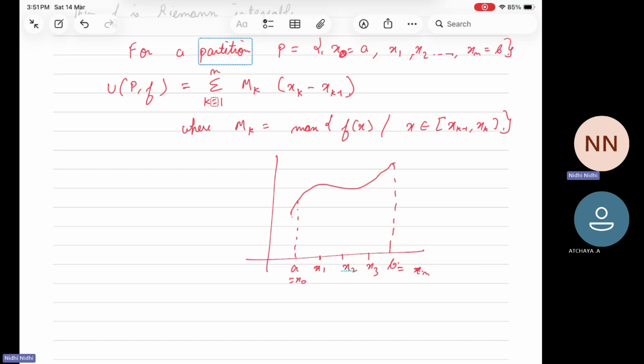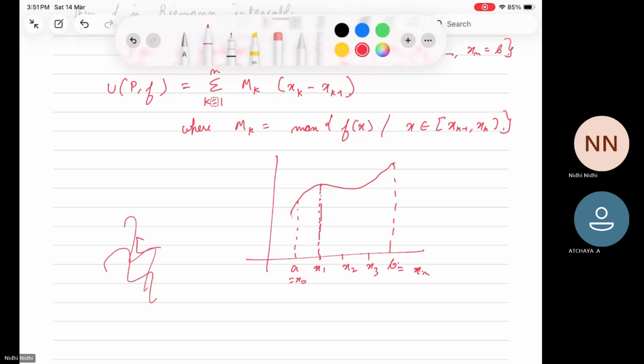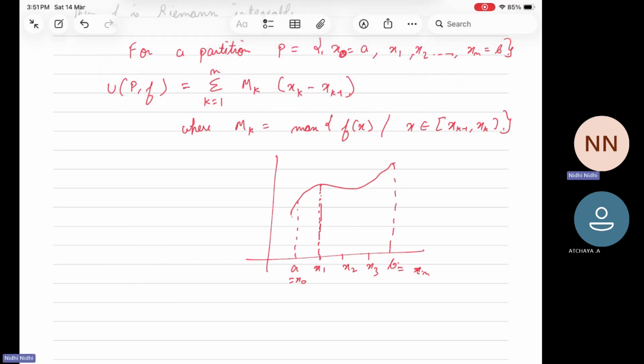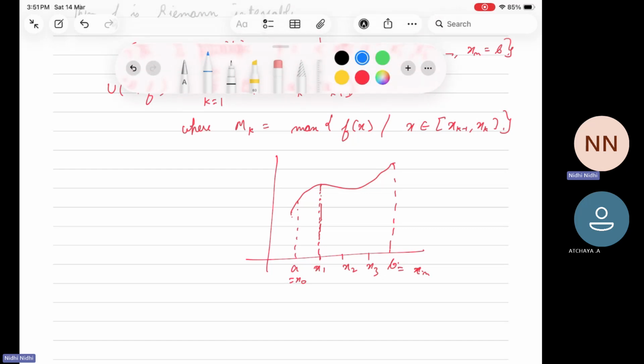We first consider this subinterval and then look for the maximum value of the function in it.